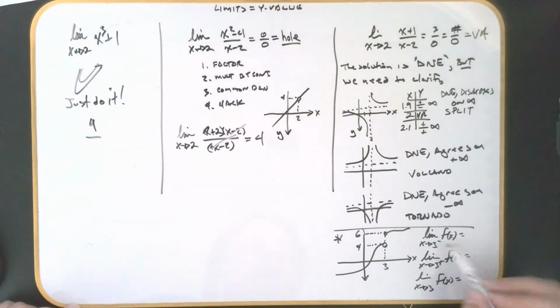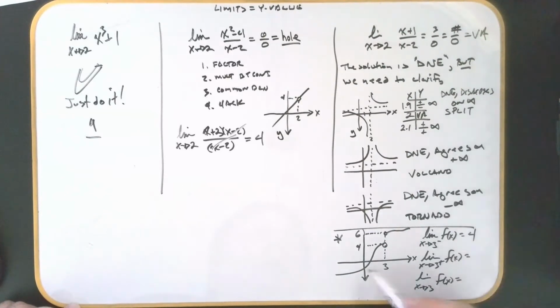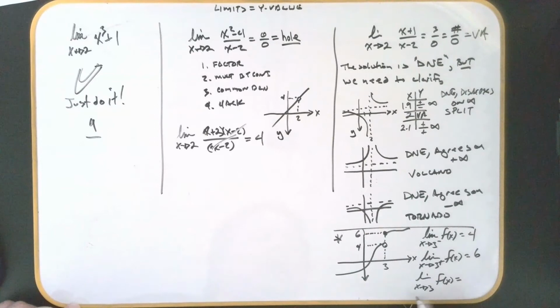So if we approach it from the left, as we approach 3 from the left, it sure looks like we're going to 4. If we approach it from the right, we're going to 6. As we approach 3 from both sides, we have disagreement here. So we just say does not exist because of disagreement. Okay? Very quick limit review.